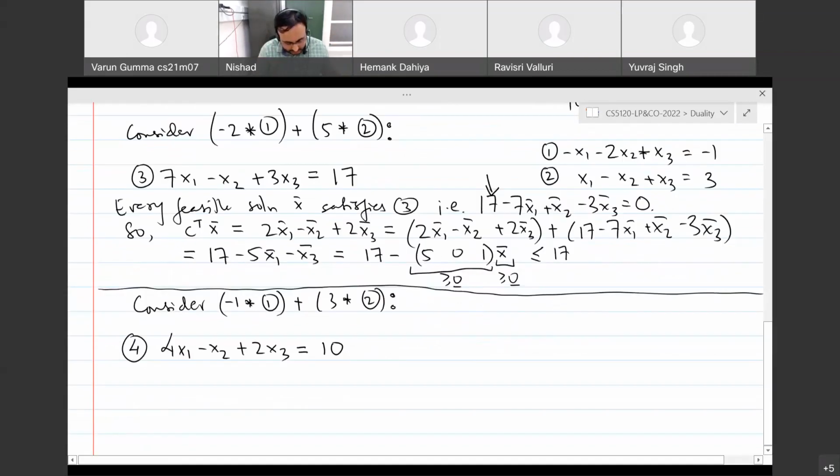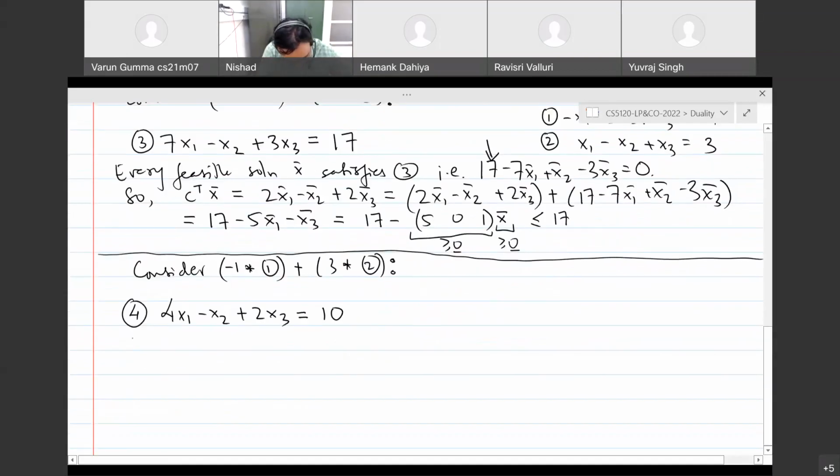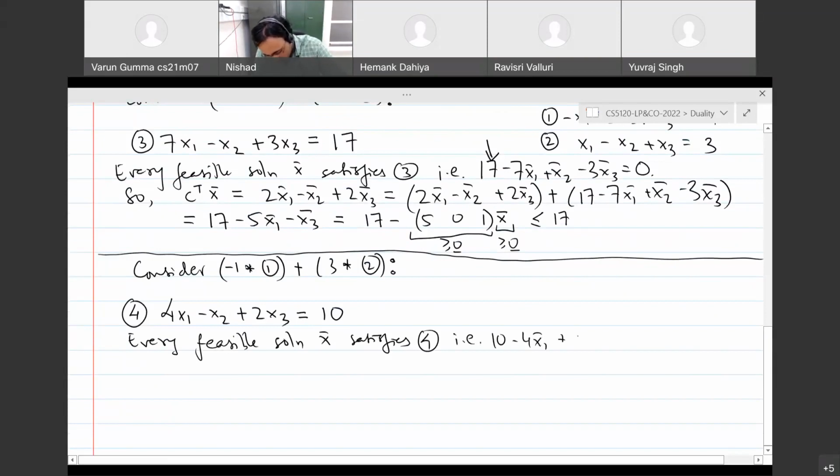So I'm going to play the same game now. It's going to be slightly repetitive, but this will be the only two combinations we will consider, and then we will generalize our observations. Every feasible solution x bar satisfies constraint number 4, that is 10 minus 4x1 bar plus x2 bar minus 2x3 bar is equal to 0.